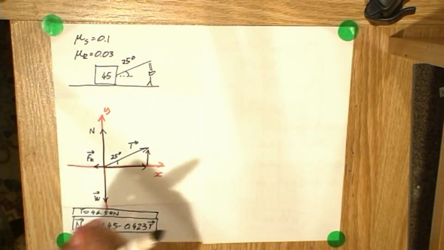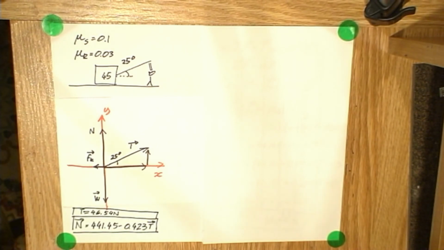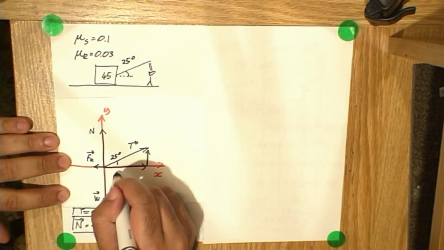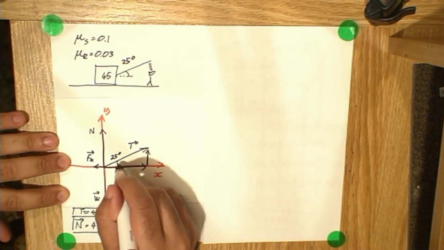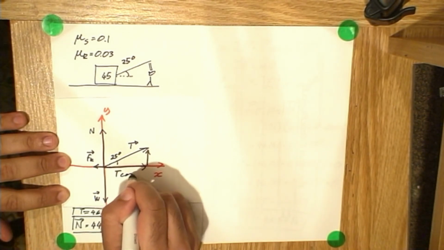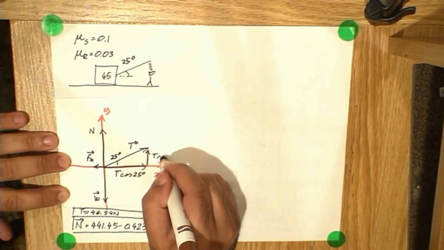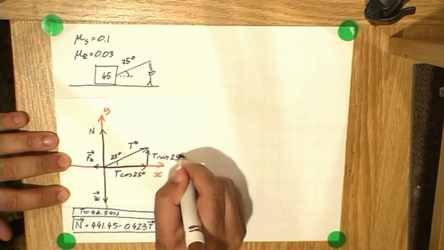I'm being rigorous over here, but I'm not going to take off any points if you didn't draw a second free body diagram, just this once. So this over here would be the tension cos 25, and this one over here would be the tension sine 25.